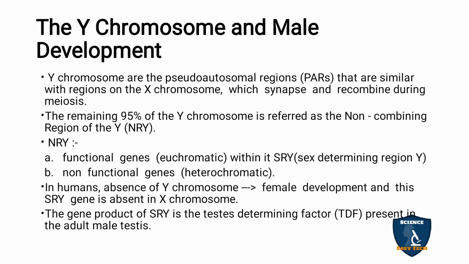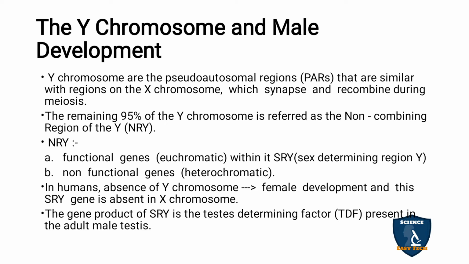So this is an explanation for the previous slide. I will explain once more. The Y chromosome's pseudo-autosomal regions are similar to the X chromosomal regions seen in synapsis and recombining during meiosis. 95% of the Y chromosome is referred to as the non-recombining region of Y, NRY. The NRY has functional genes, euchromatin, within which SRY is present, and non-functional genes, heterochromatin.